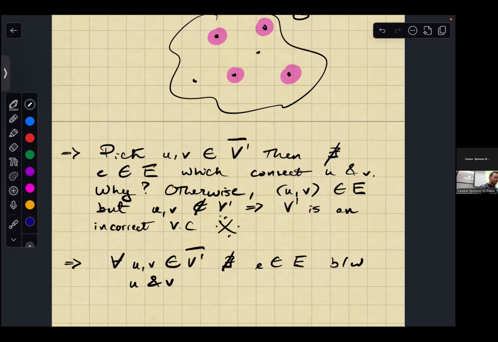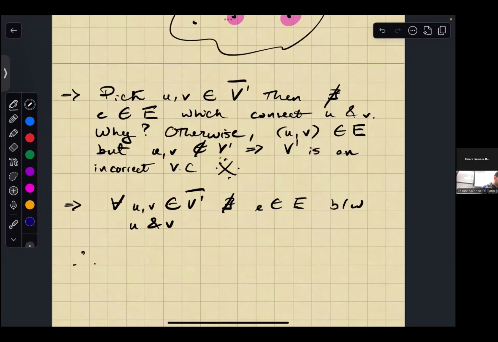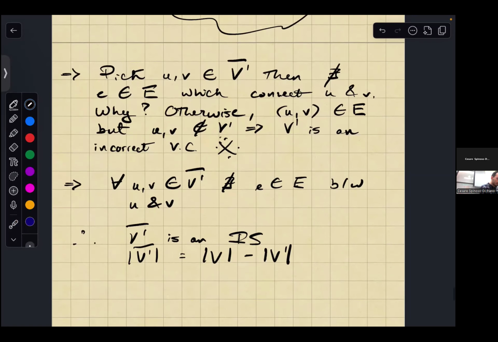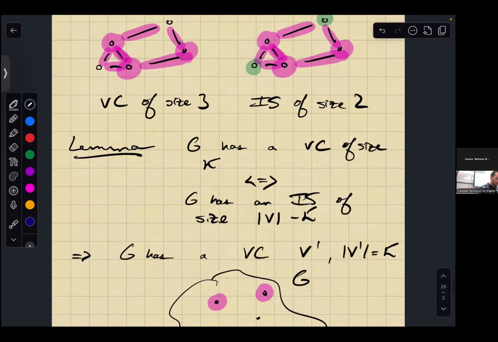What's an independent set? It's a set of vertices where there is no edge between any of those vertices. So V prime complement is an independent set. And it has size the total number of vertices minus the number of vertices in V prime. V prime has k vertices, so it's V minus k, which is exactly what I was trying to show in the forward direction.